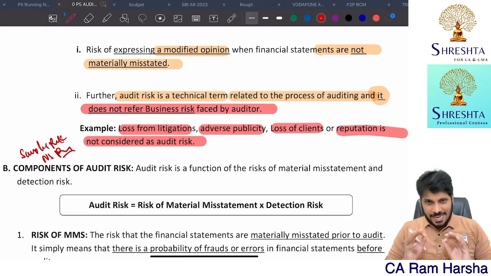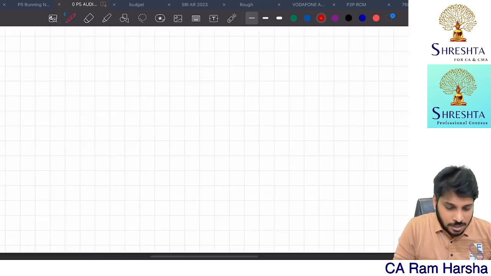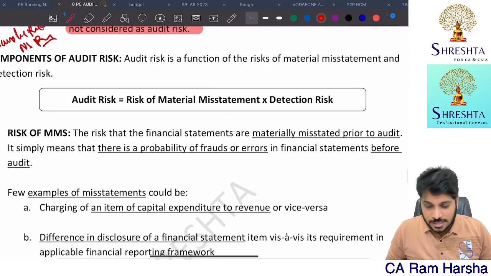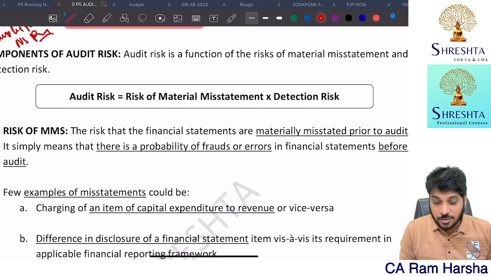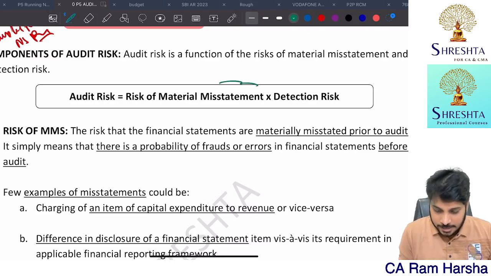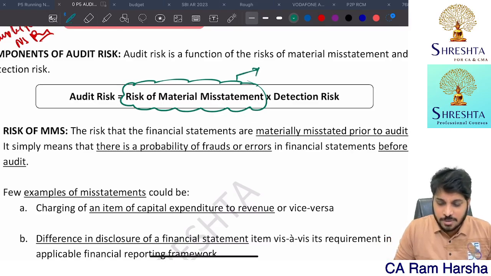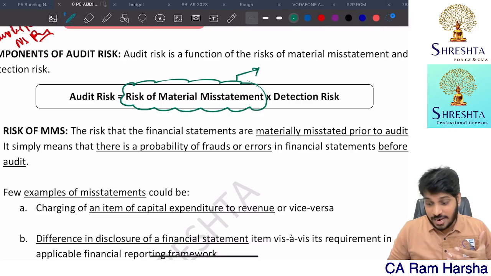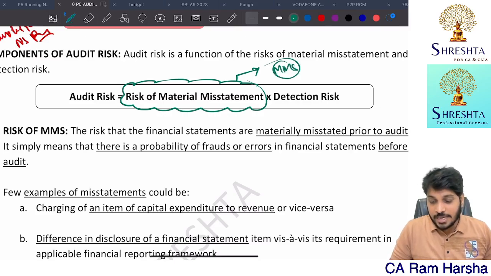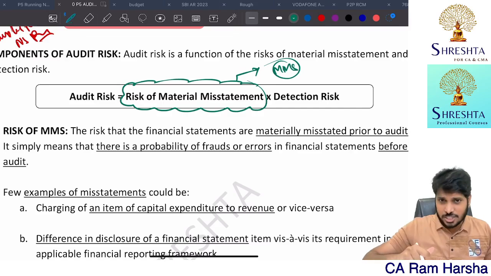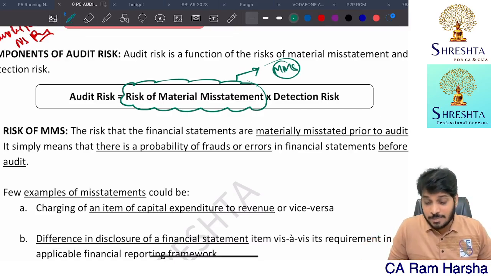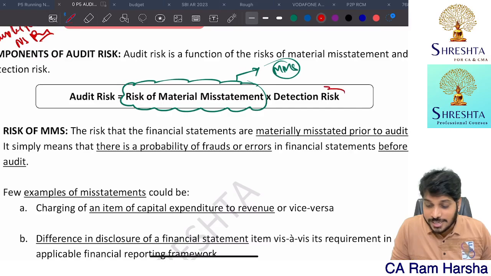Fine. Technically, why audit risk arises? They gave an equation. The audit risk arises because of two things. One, there is a risk of material misstatement. What is risk of material misstatement? It is a risk that financial statements are containing material misstatements, and you are not detecting them.